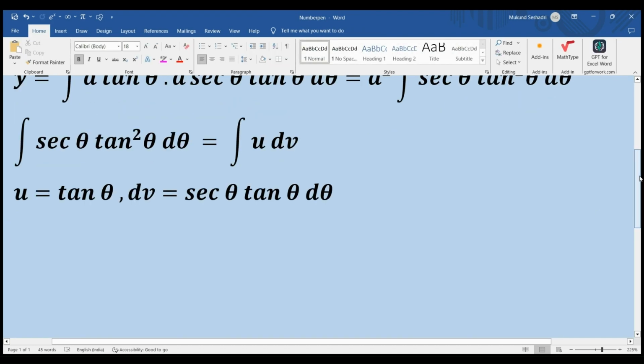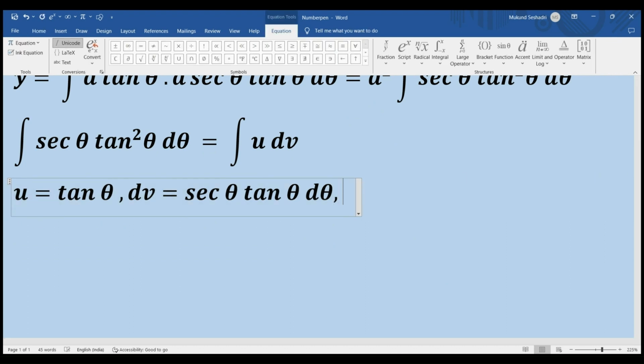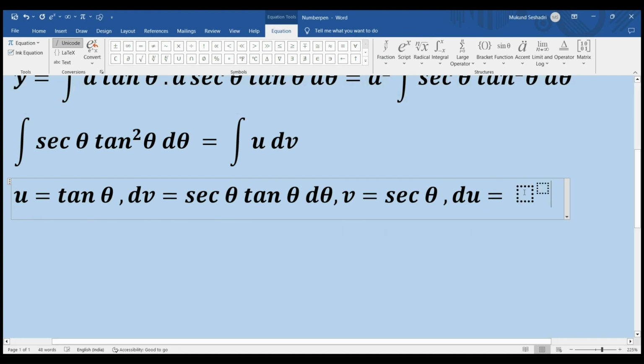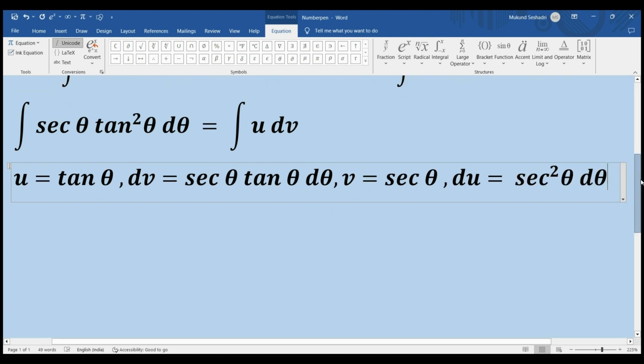By this time, you folks must be familiar with why I made this particular substitution, right? Because I know that when dv equals secant theta tan theta d theta, my v is quite simple. It is again a secant theta, right? And then when my u equals tan theta, my du becomes secant squared theta d theta, right? So now what happens?